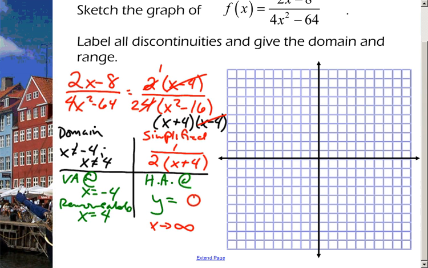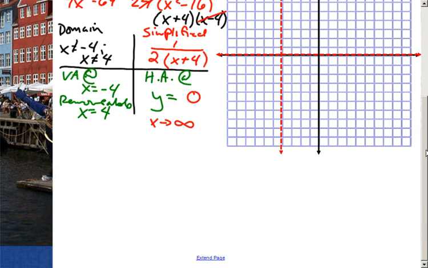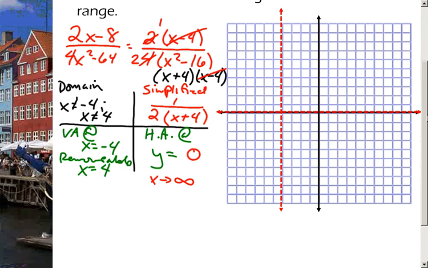So first of all, let's draw in your asymptotes. So you have an asymptote at x equals negative 4 there. And we've got our horizontal asymptote here. So all the action, remember, is going to happen around the vertical asymptote. And so what you're going to end up doing is plugging in numbers on your chart or from your table, or however you want to do it, around that.